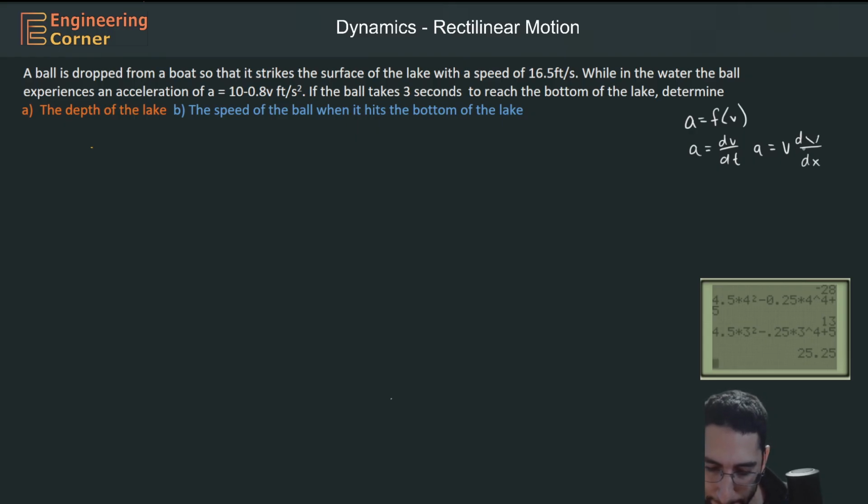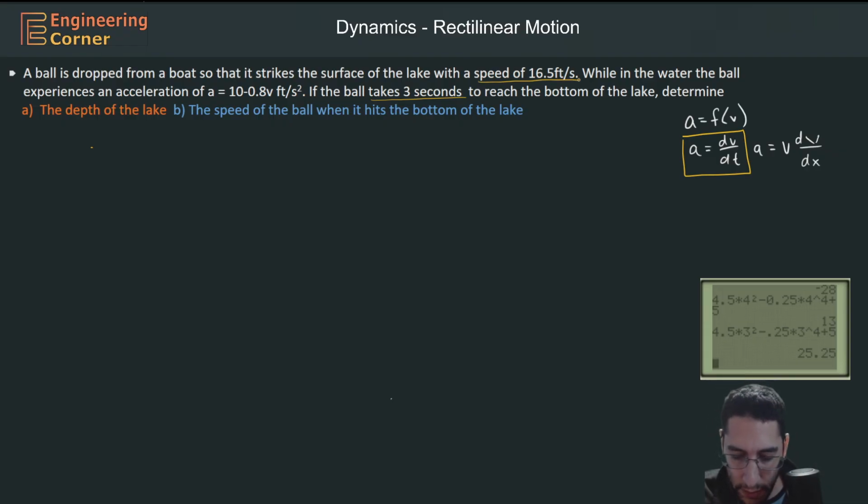So initially you might think I should use v dv dx, but we're given information about how long the ball takes in seconds, and that's our initial conditions with speed. So really, again, we want to use this equation. And we chose that because we're told from our initial conditions it takes 3 seconds to reach the bottom of the lake. And we have an initial speed of 16.5 feet per second.